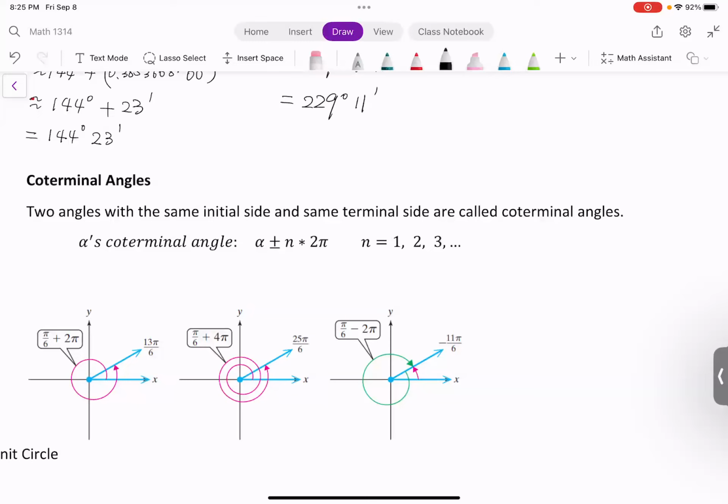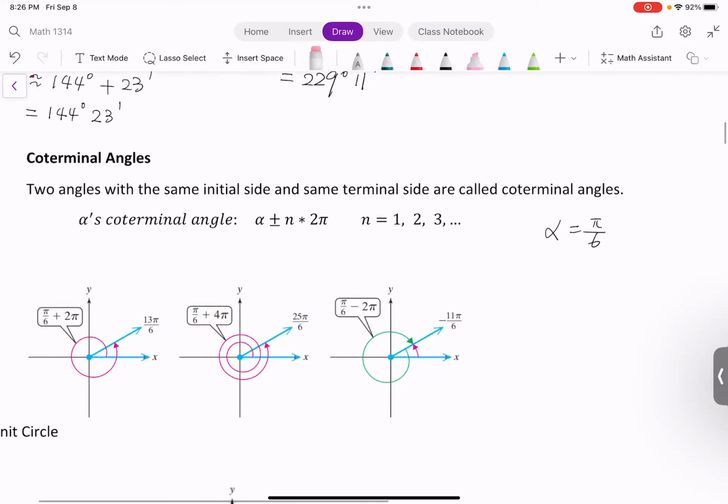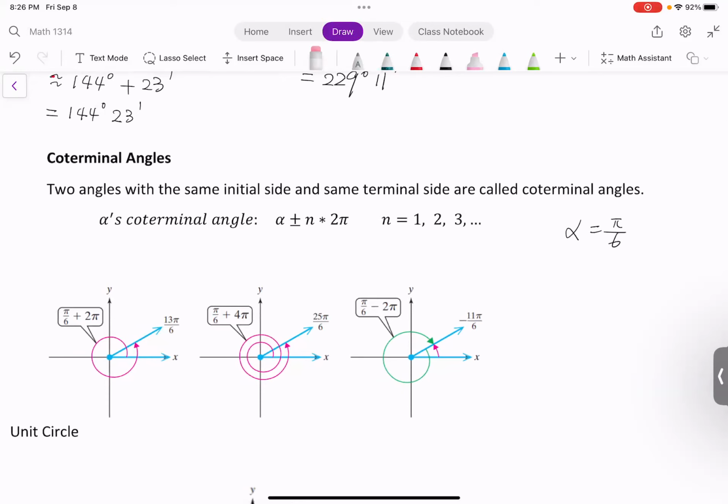All right. In the radian mode, if I have an angle we call alpha, for example, my alpha is pi over 6. So my alpha plus or minus n times 1 revolution, which is 2 pi, I'm having the coterminal angle of alpha. Assume that my alpha is pi over 6.